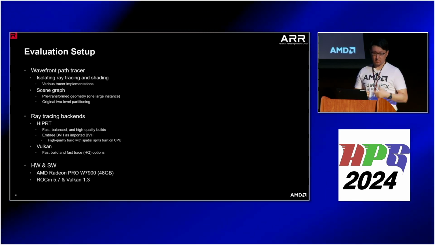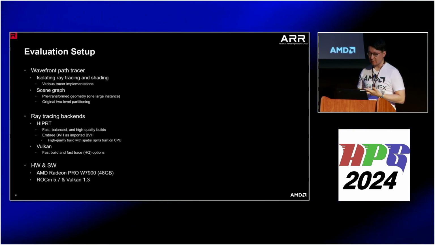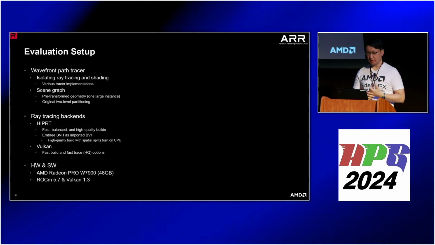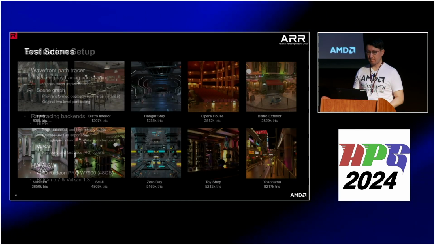And the second backend is Vulkan. There are only 2 options, fast build and fast trace. And all tests were executed on an AMD Radeon Pro W7900.